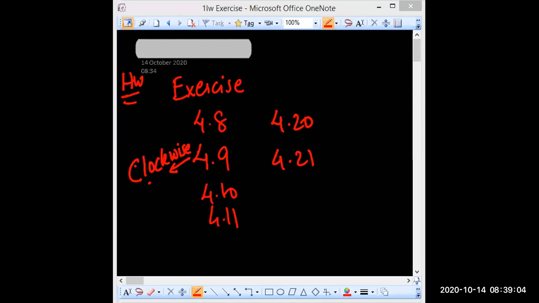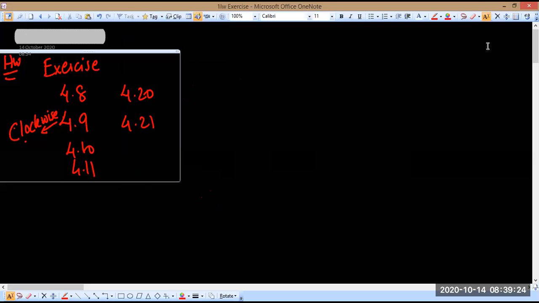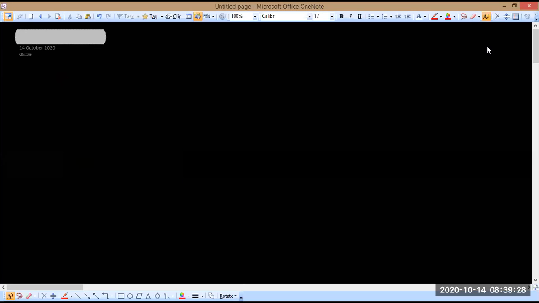Net means total. You must know some English, at least enough to know what net means. Okay, so now we are on to projectile motion, which I find very nice, very interesting personally, right?